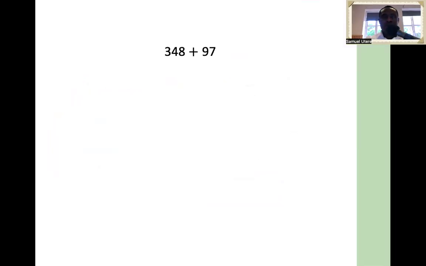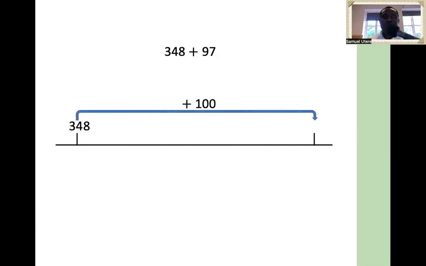All right, let's do some new learning. If we wanted to add these numbers using our number line, maybe mentally, how would we do this? Adding a 2-digit number to a 3-digit number. Well, we could do this in different ways. So first, we could say, well, let's add 100 to 348.